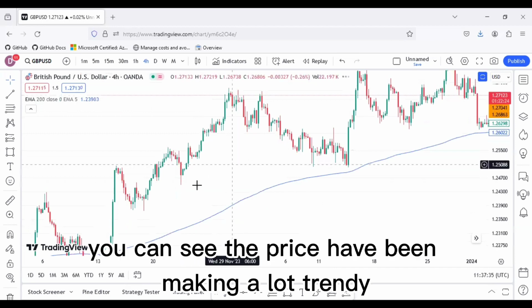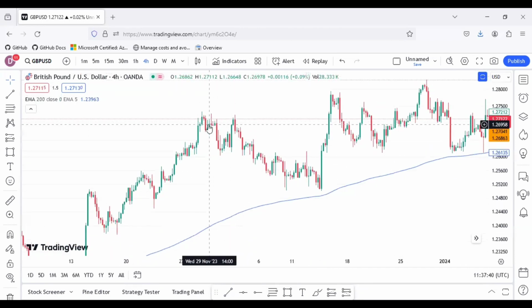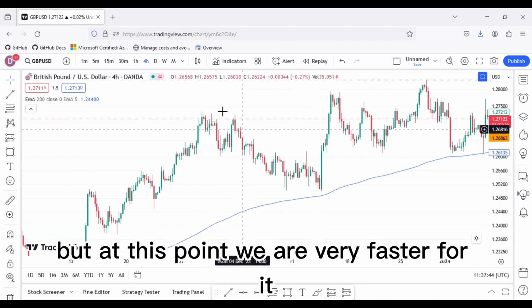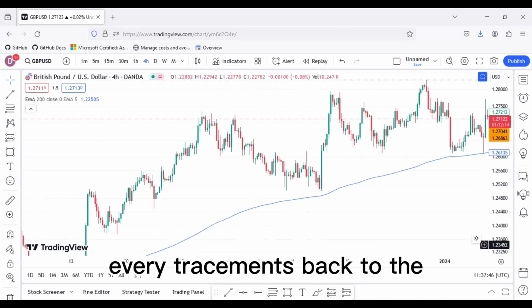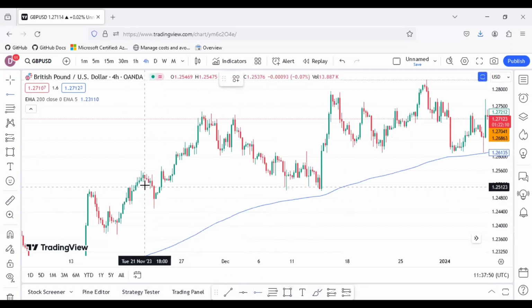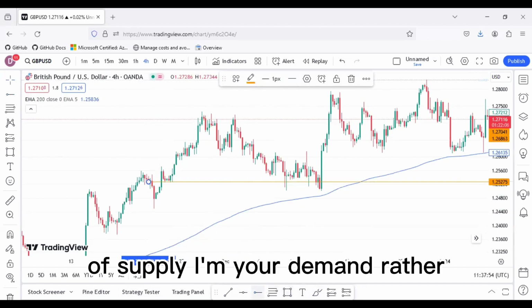So here now you can see the price has been making an uptrend here. But at this point, we have a reversal or a retracement back to where? Back to this particular level of supply, of demand rather.